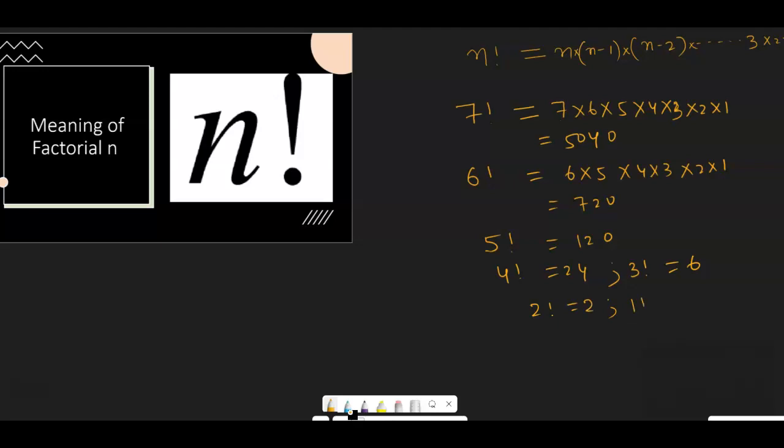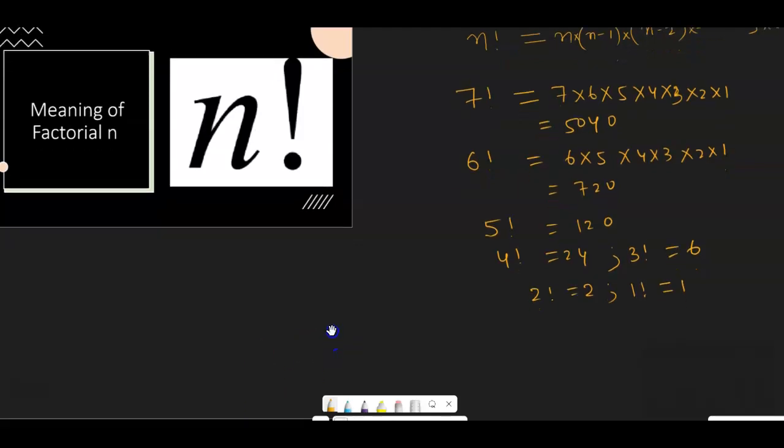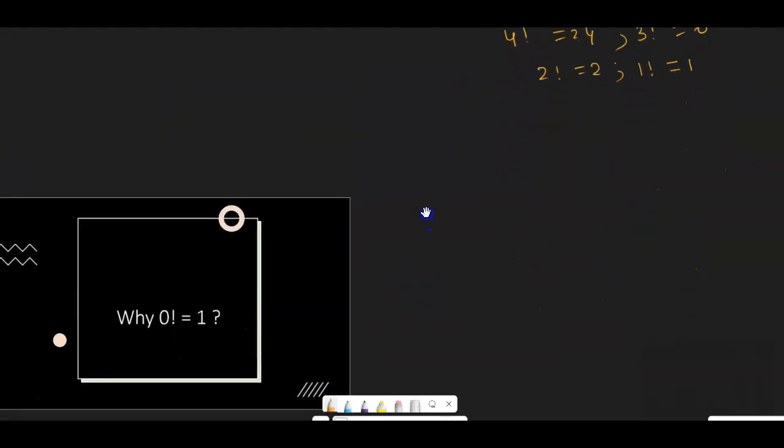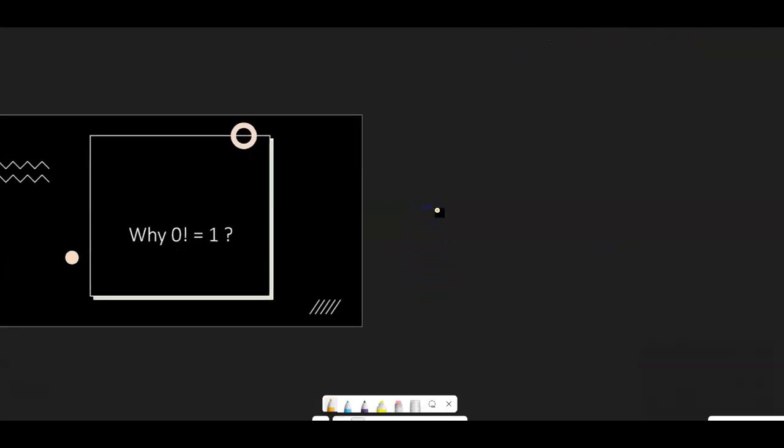Using the same definition of factorial, factorial 1 will be 1. But what is factorial 0? Factorial 0 has no link with factorial 1, because if you say factorial 0, it is the product of the first 0 natural numbers. It is not possible. So at this moment I will say that by definition factorial 0 equals 1.